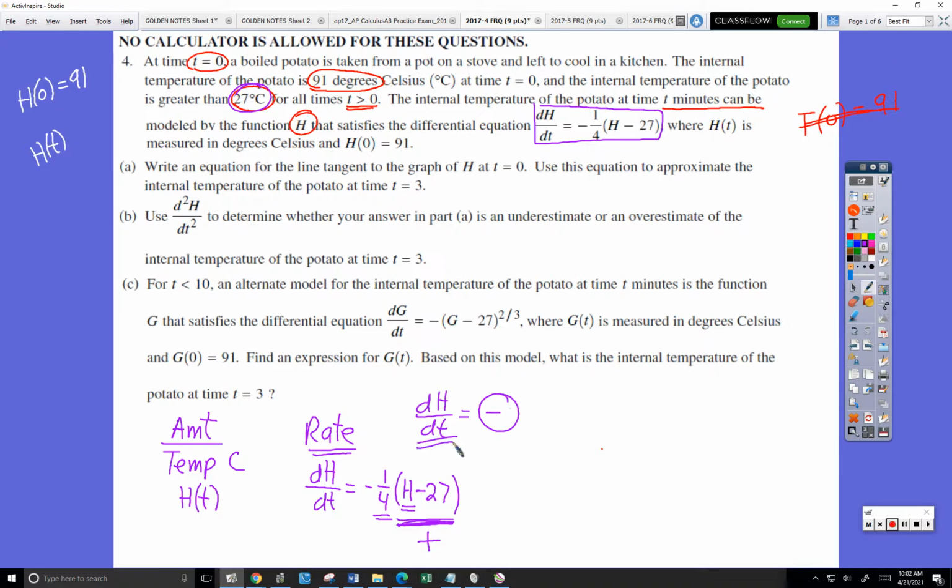This is the rate at which the temperature of the potato is changing, and because the potato is simply cooling, the temperature is always going to be decreasing, so the rate of change will always be negative.